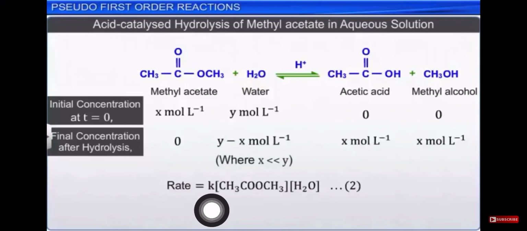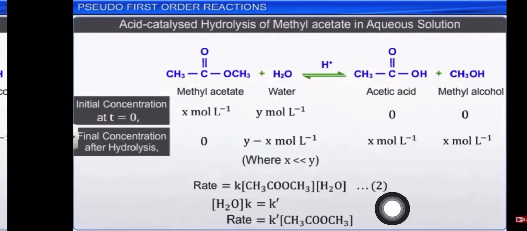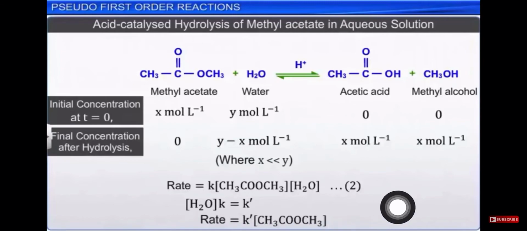So our rate of reaction is this, and as water is very much in excess, we can take that as our constant. So our rate will become rate equals K dash [CH3COOCH3].